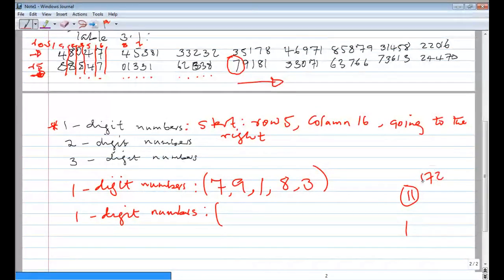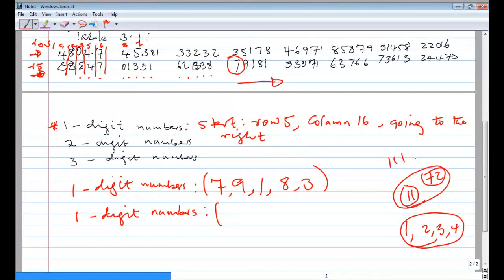I'm just giving you a scenario. These are 2-digit numbers. But 1, 2, 3, 4, and so on, those are the 1-digit numbers. So 3-digit numbers is 111 or 203. This is what we're referring to. Okay, thank you.